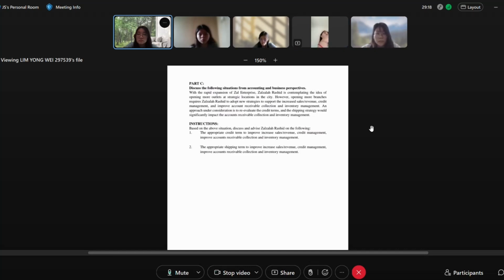So this question, I think, maybe we have to explain in the essay. So I think we need to list down the credit terms offered by the enterprise, the payment should be made within how many days, and the full invoice amount. We need to list it down.